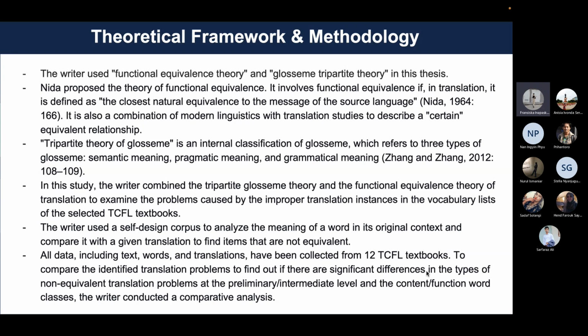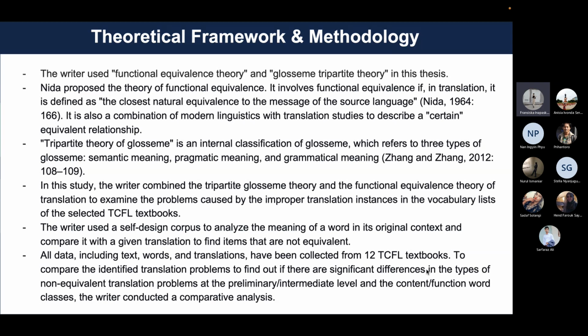The pragmatic type mainly studies the meaning of words in different contexts. And the grammatical meaning type is related to syntactic function as well as problems related to part of speech.